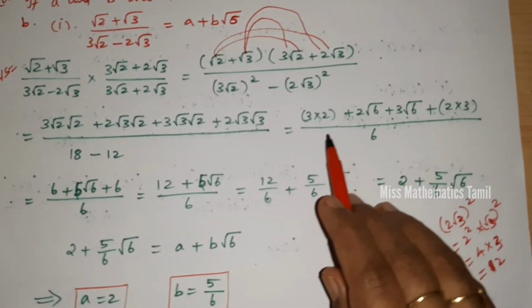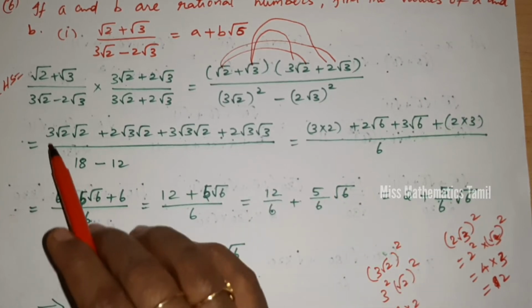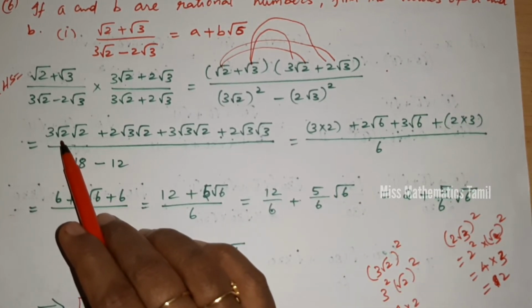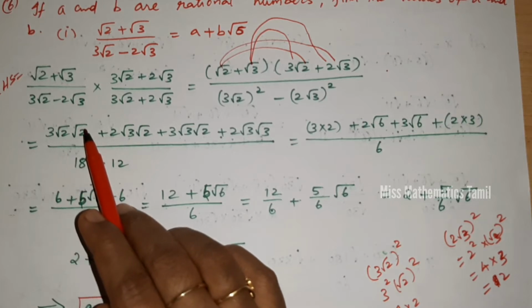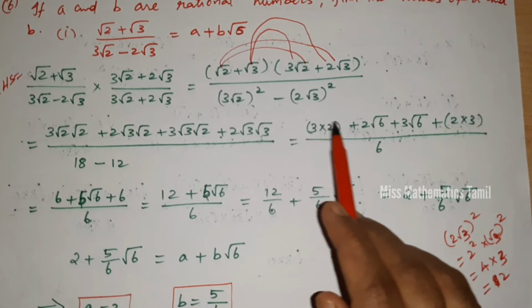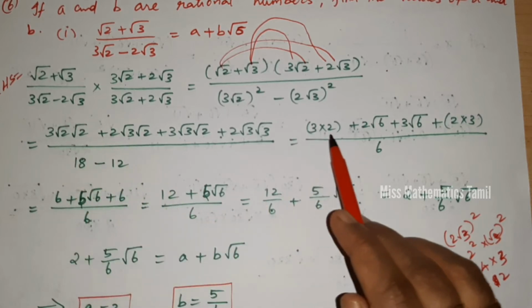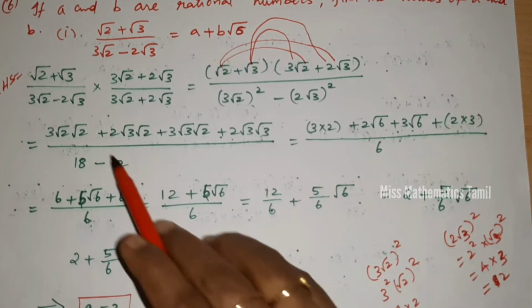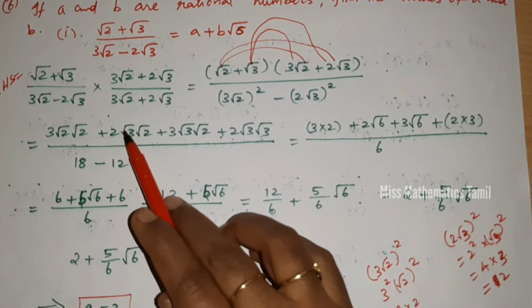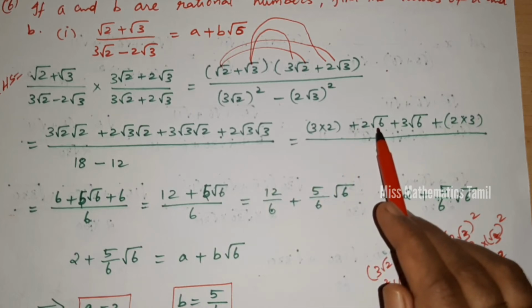Okay. Next, we are going to concentrate on the numerator portion. See here 3 into root 2 into root 2, what will happen? Only 2, right? So 3 into 2, plus 2 into root 3 into root 2, so root 6.